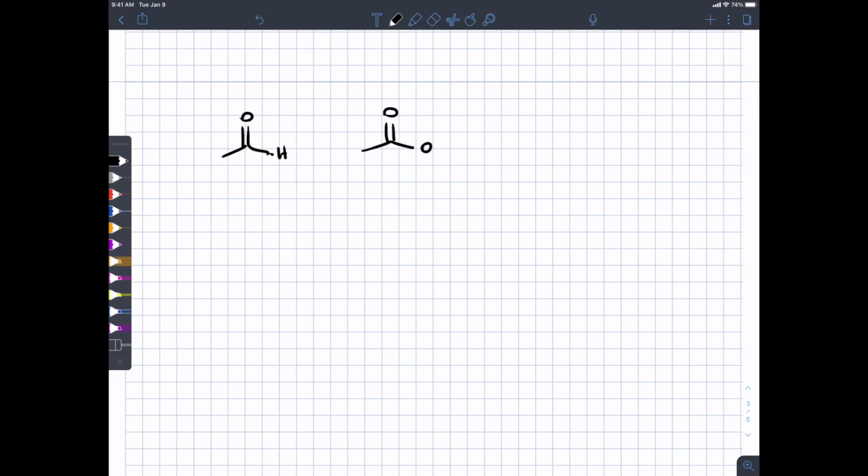But if you compare the aldehyde with the ester, the ester has a resonance structure that looks like this. Lone pair electrons on that oxygen can donate into the carbonyl carbon, and that makes it less electron poor. In an aldehyde, you just have a hydrogen. There's no resonance stabilization there. So from some perspectives, the aldehyde is more reactive than the ester.